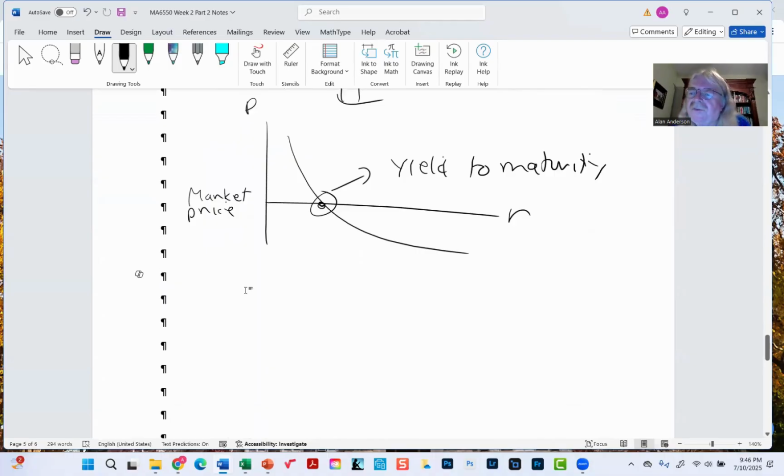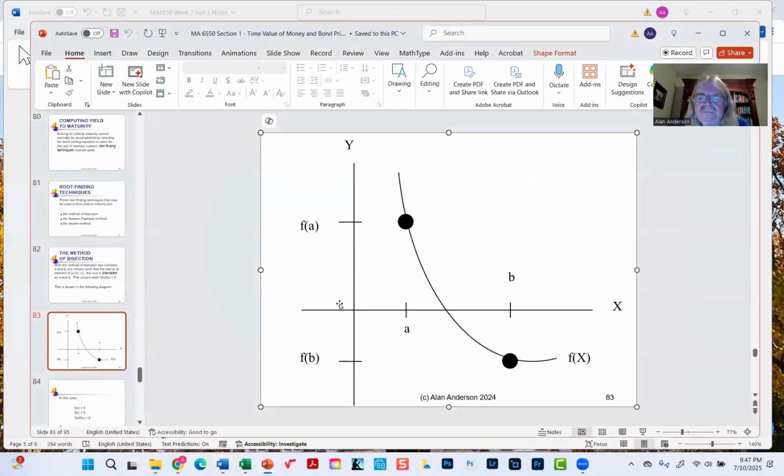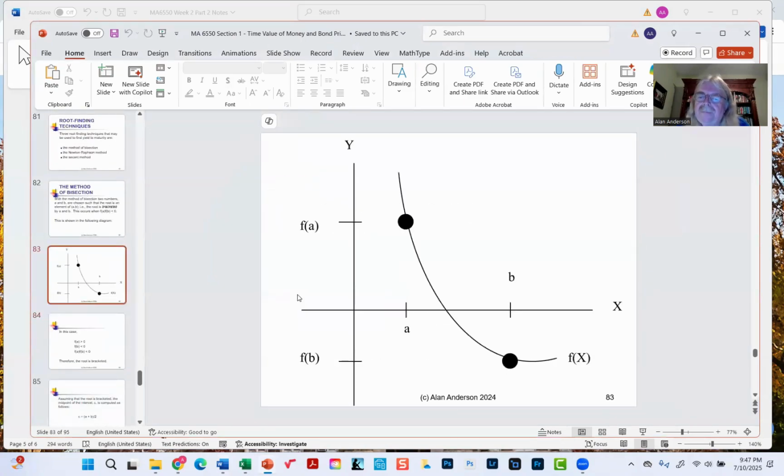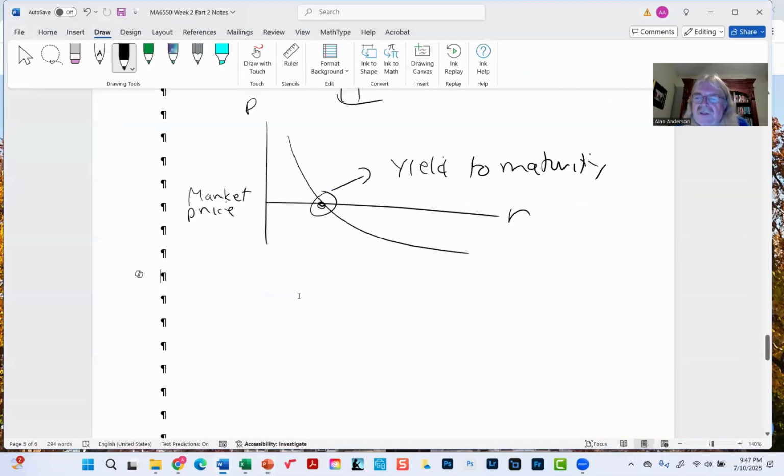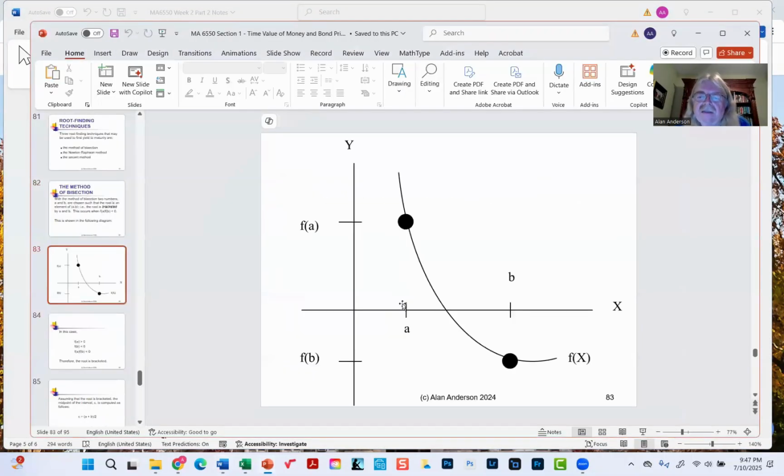All right, so now how do we find this point? Well, we're going to choose 2 points on either side. By the way, we're going to use slightly different notation here. We're going to call this f of x. You can see what's happening here is that here's where it crosses.